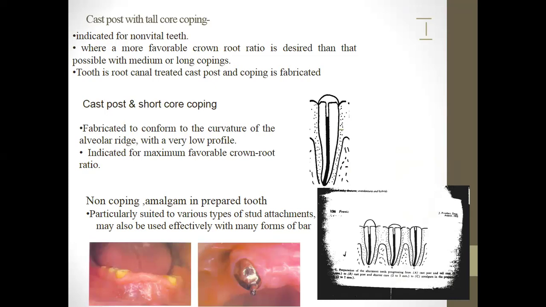Naturally, a post space preparation has to be done, and an impression has to be made, and a cast post along with a coping kind of prosthesis is fabricated in the lab and then cemented in the patient's mouth. You have these two images: on the left side is a shorter one, on the right side is a taller one. You cement it in the patient's mouth, then you can proceed with your overdenture, your denture on top.